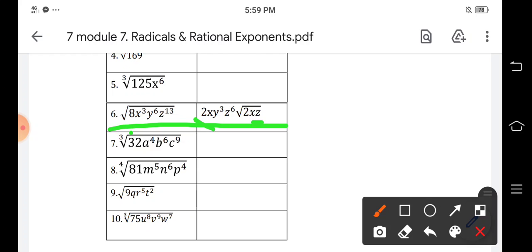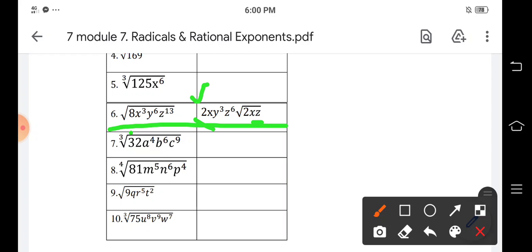So again, when we factor 8, look for the factor of 8 that is a perfect square, so we get 4 and 2. 4 times 2 is 8. The square root of 4 is 2, so that is why we bring out 2.